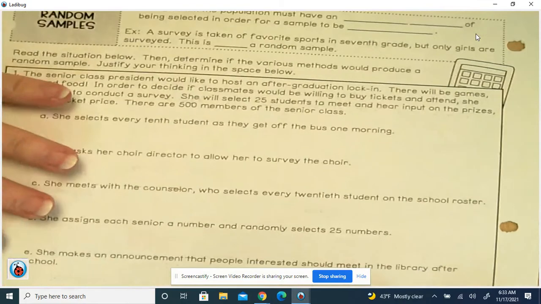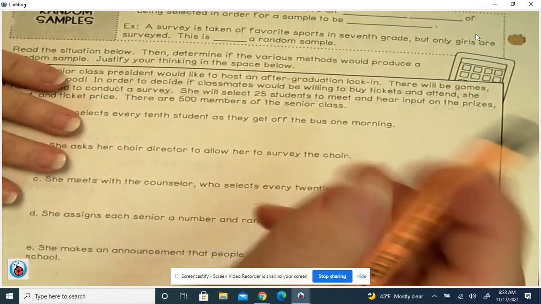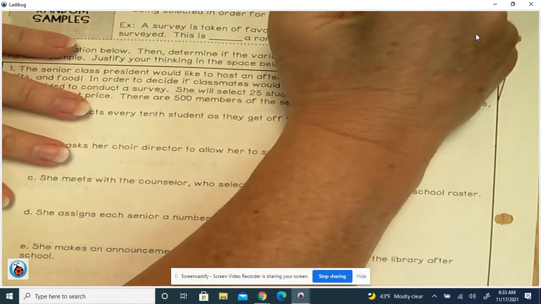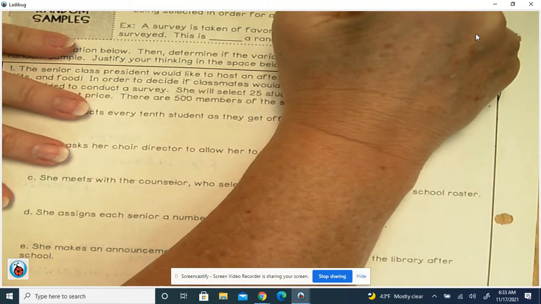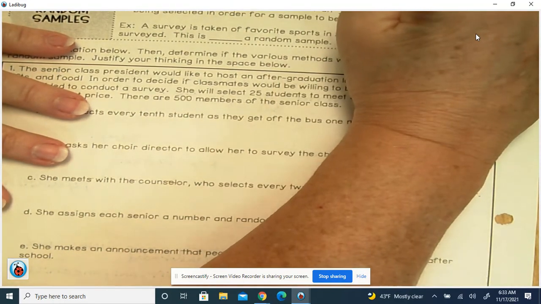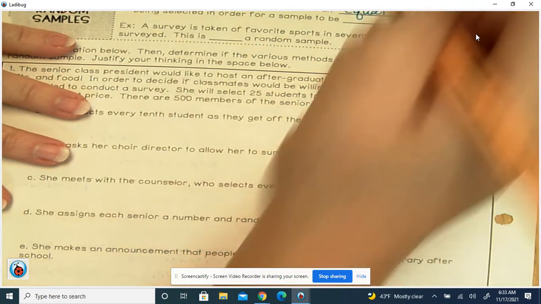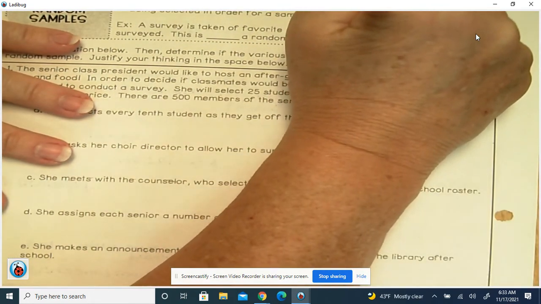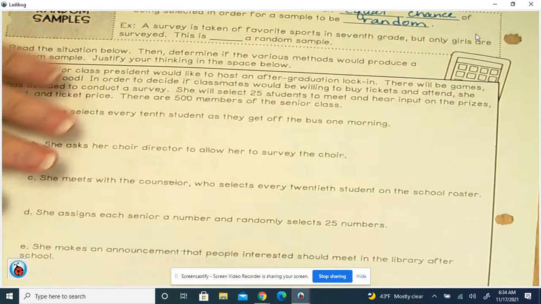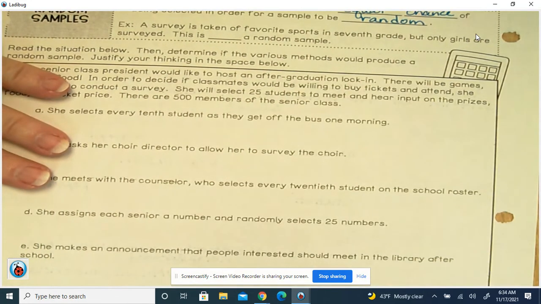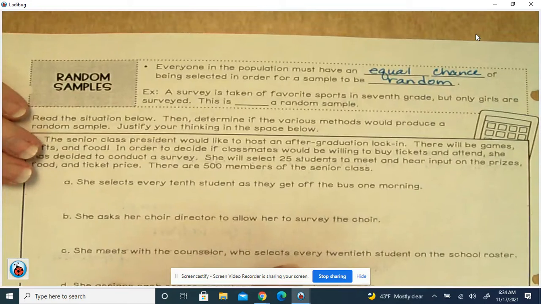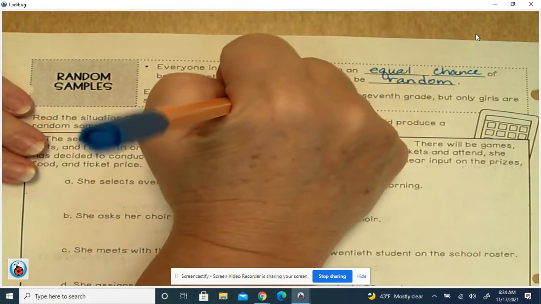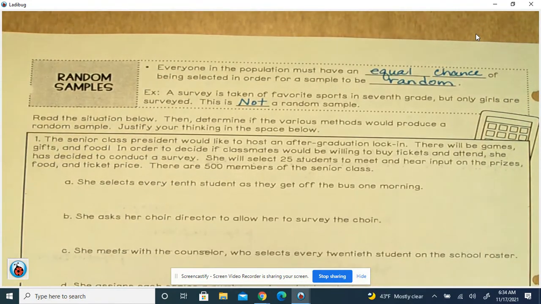Now, random samples. Everyone in the population must have an equal chance of being selected in order for the sample to be random. Example, a survey is taken of favorite sports in 7th grade, but only girls are surveyed. This is not a random sample because everybody didn't have an equal chance.